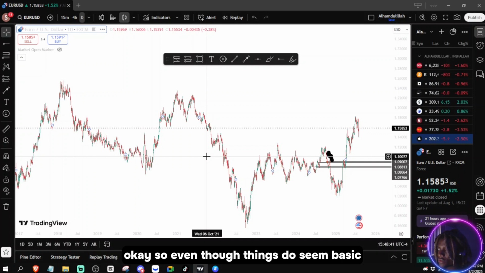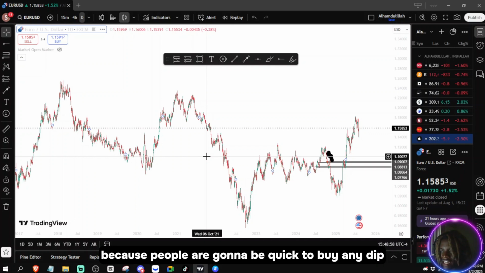Okay, so even though things do seem basic, it's when we break it down from this logical perspective that we're going to be able to get to profits. It's not all just reading the chart, because you could have a great short setup plan, but if some good news comes out because the company is progressing, then price action will reverse because people are going to be quick to buy any dip.